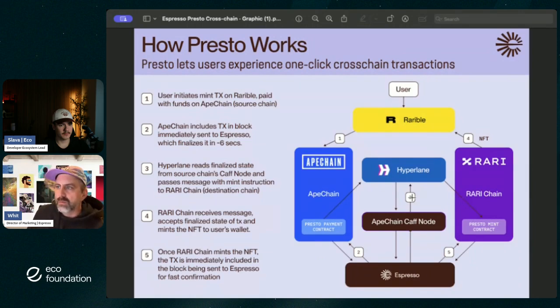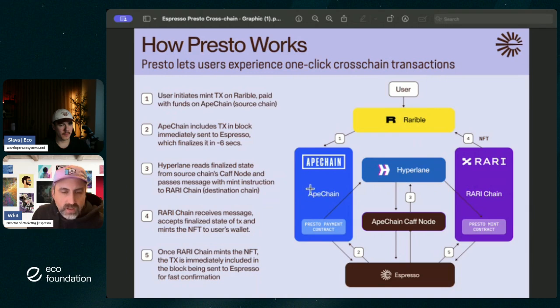But anyway, the Rarible user initiates the transaction and pays with their funds on ApeChain. The payment contract is being finalized within 6 seconds because of, again, the Espresso fast finality. We use Hyperlane in this demo. You still need to communicate in such a way, so they're passing messages using Hyperlane.